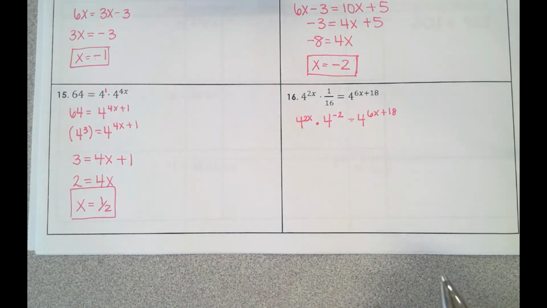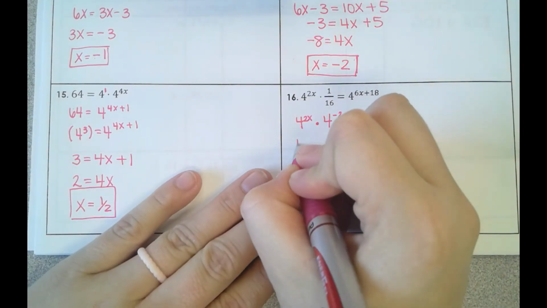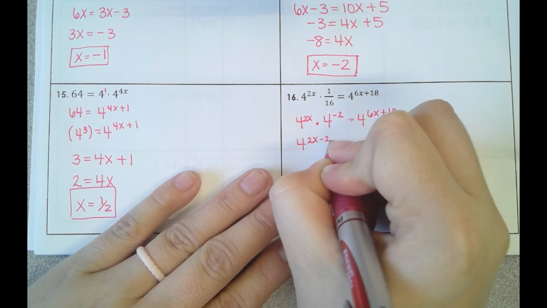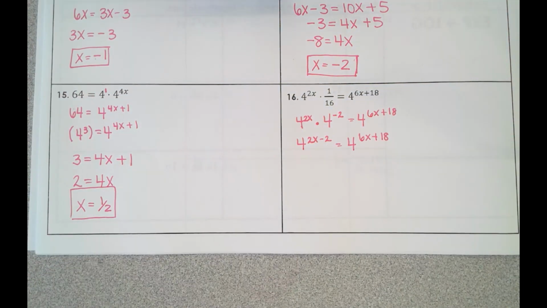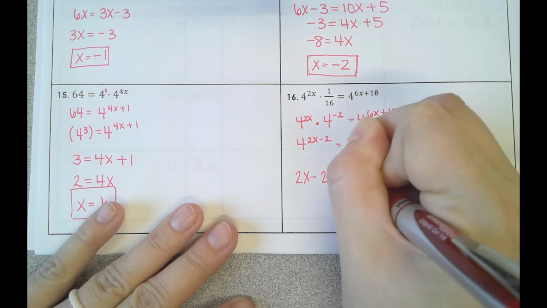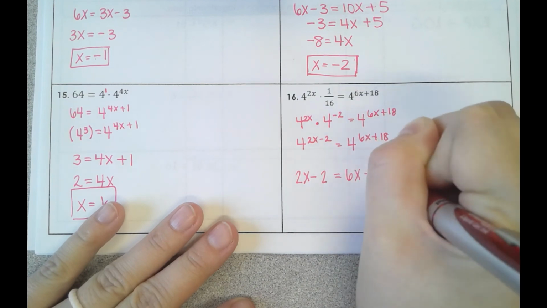And these have the same bases. So this would be 4 to the 2x minus 2 equals 4 to the 6x plus 18. So 2x minus 2 equals 6x plus 18.